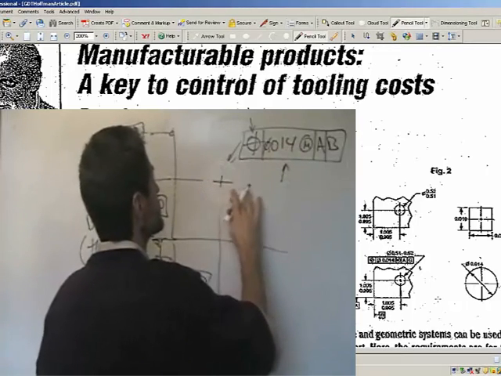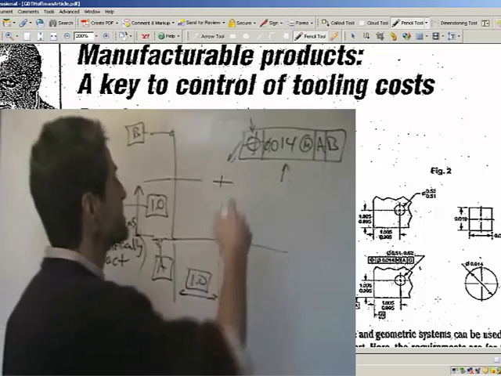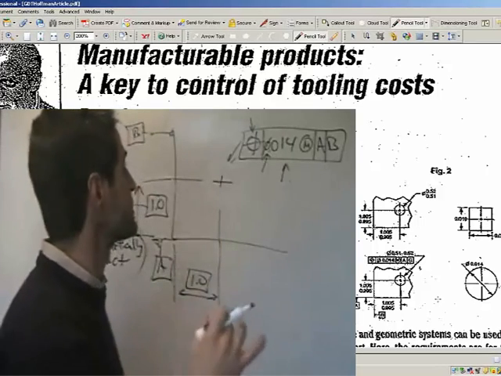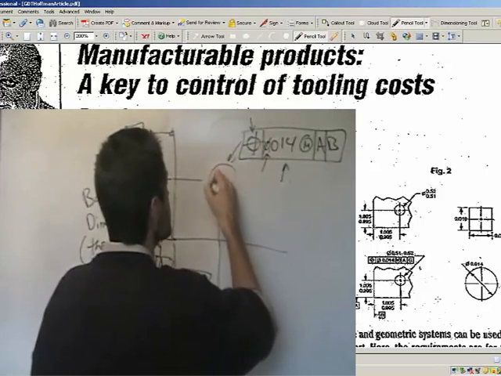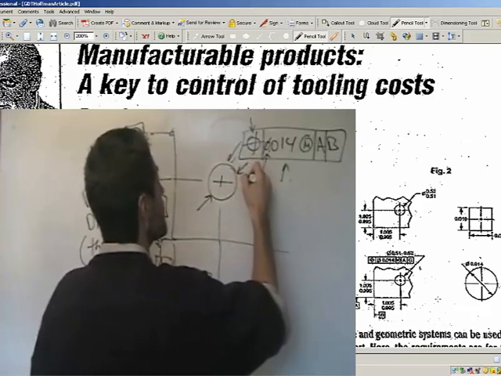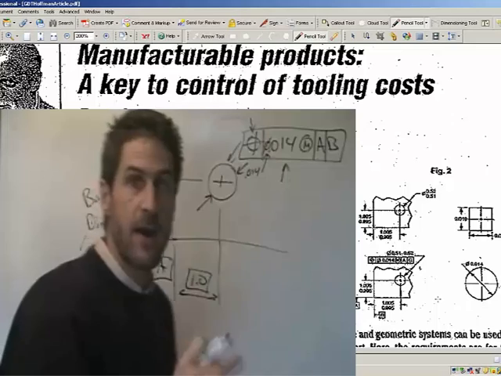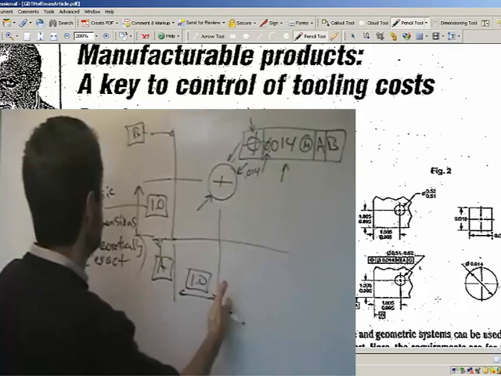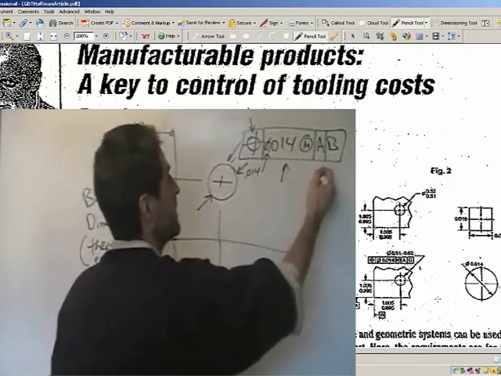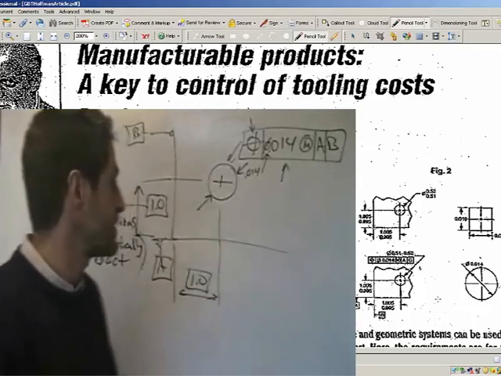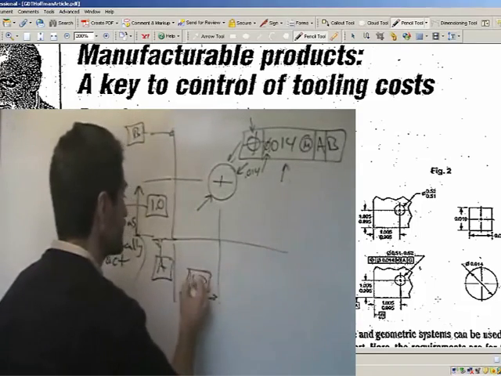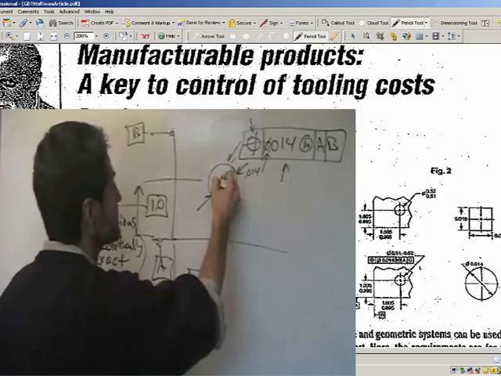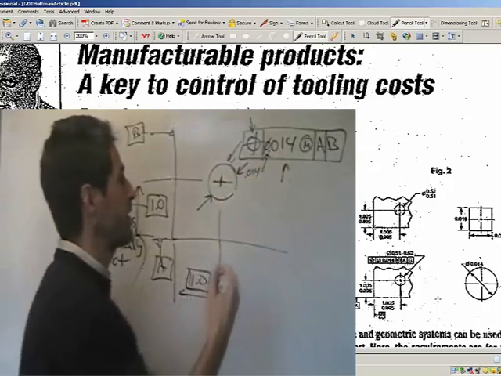Again, we'll represent that circle just by its center axis. It says that there's a cylindrical zone, because remember, the diameter symbol says it's a cylindrical zone. It's 0.014 in diameter, and the center axis of the hole has got to fit in there with respect to A and B, meaning it's 1 inch over from B and 1 inch up from A. So that's what the A and B means with reference to those surfaces. But we come back to the basic dimensions here to see exactly where it's supposed to be centered. So those basic dimensions tell you that the center of the tolerance zone is there, and it's 0.014 in diameter.